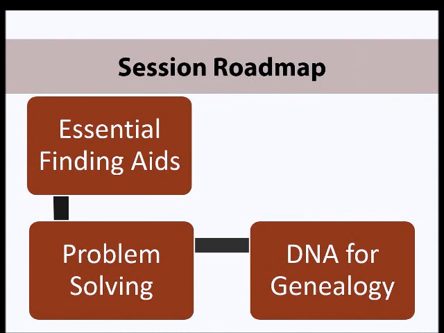And because most of us don't have a photographic memory, we rely on a network of finding aids to locate what we need. After discussing the finding aids, I'll cover some helpful problem-solving techniques, and then I'll conclude with an introduction to using DNA for genealogical research.